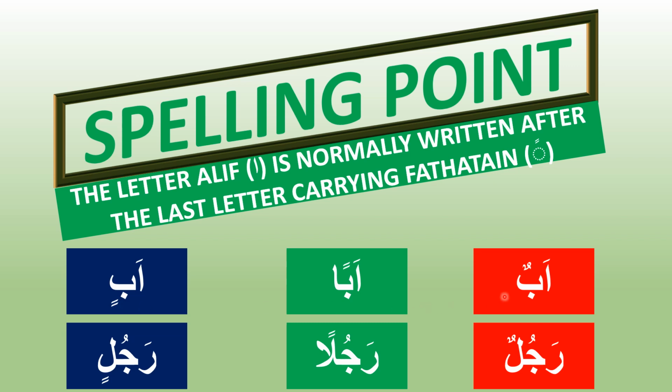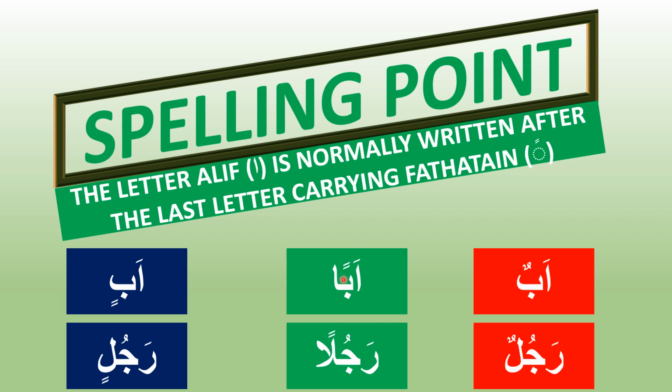So that's why in the red and in the blue, we find that there is no alif after it. But when we go to the green, aban, we find the letter ba is carrying fathatain, tanween, an. That's why we write an alif. So it's just a writing point, a spelling point. It's spelled in this way, and that is how you will find it in the Quran or in any other Arabic text.